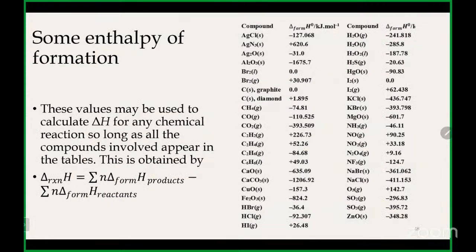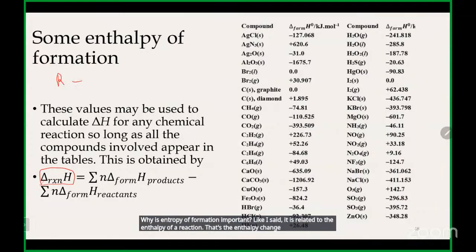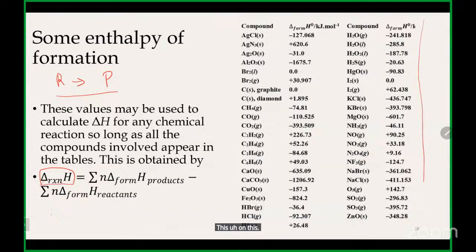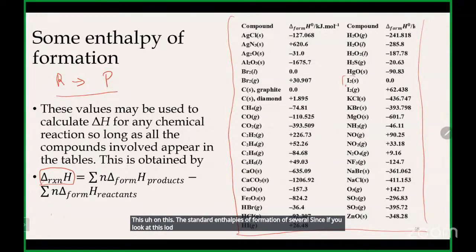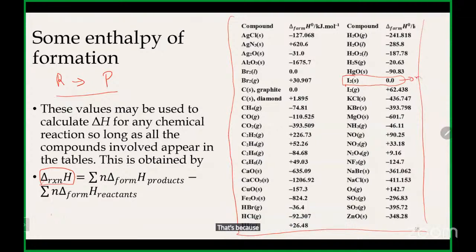Why is enthalpy of formation important? Like I said, it is related to the enthalpy of a reaction, the enthalpy change when reactants go to products, that is, when you form new substances. On this side here, there are standard enthalpies of formation of several things. If you look at iodine solid, the enthalpy of formation is 0, because that is the reference state.